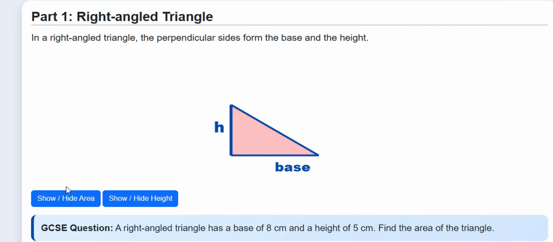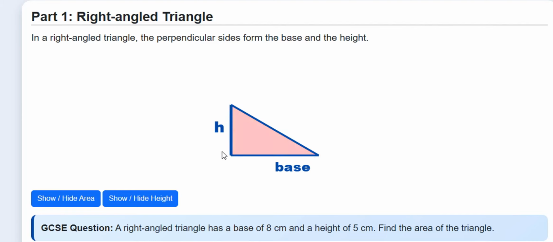So area A of a triangle is given by half base multiplied by height. And in this one, this is the base and this is the height here.